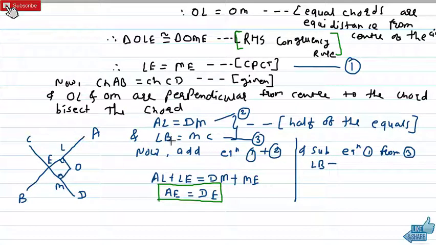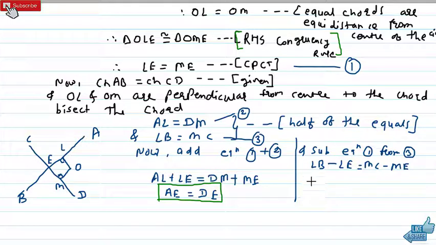So LB minus LE is equal to MC minus ME. LB minus LE means EB, we can say.